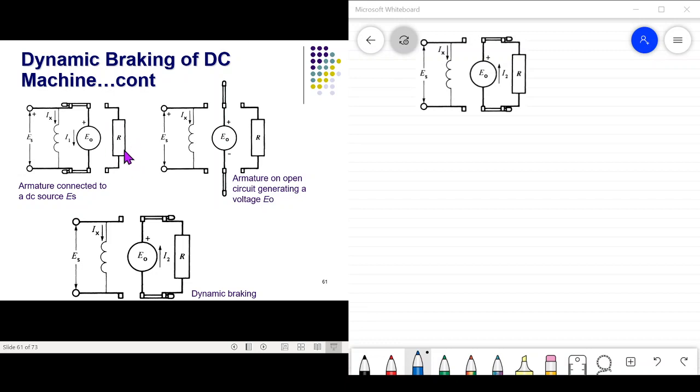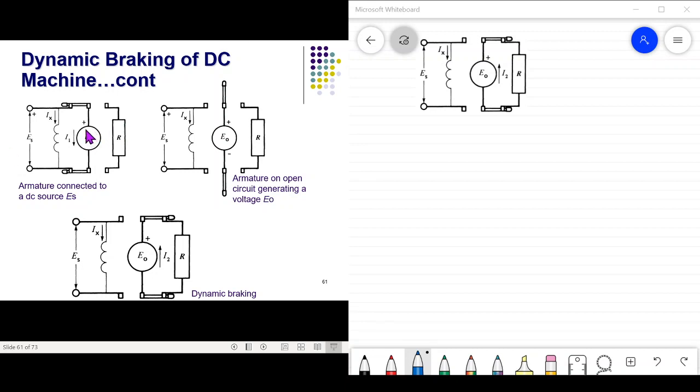When the motor is running normally, the direction of the armature current I1 and the polarity of the counter EMF E0 are as shown in this diagram. We neglect the armature drop or IR drop.